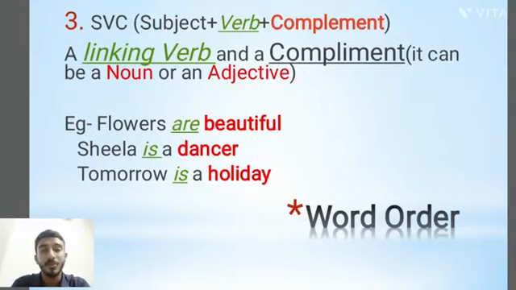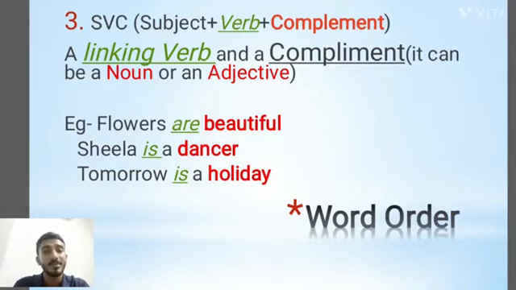Those who have gone through parts of speech before would know. An adjective is a word that describes a noun, or a word that beautifies a noun. So there is no need of explanation for that. Here we already mentioned that all complements would be either a noun or an adjective.